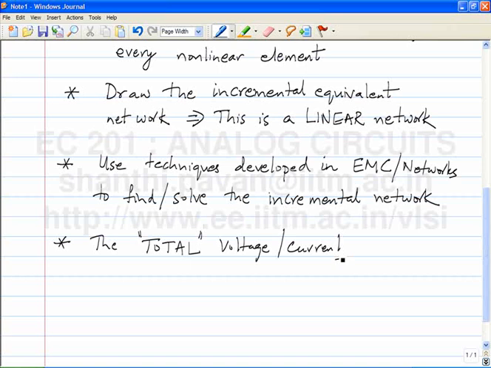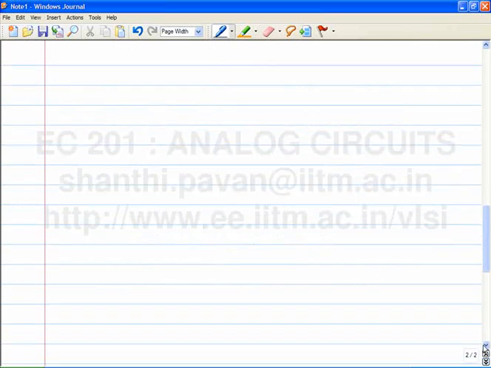And how will you find the total voltage or total current? It is simply the quiescent value plus incremental. Does this make sense?